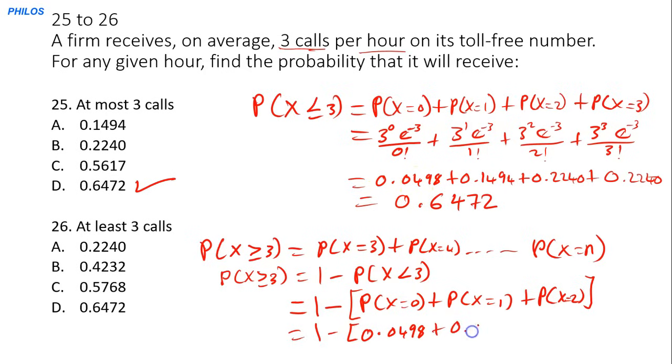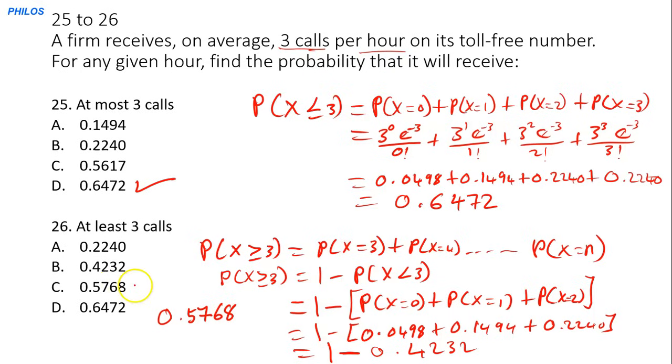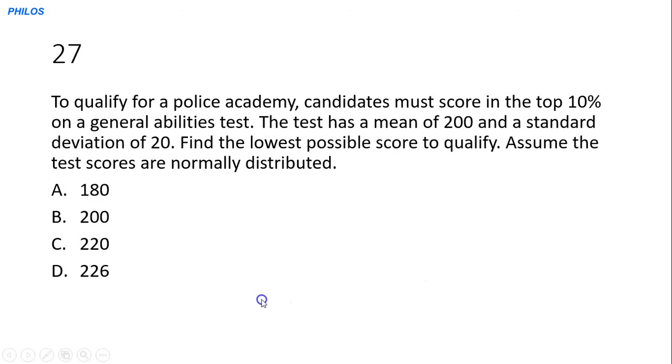Exactly 1 is 0.1494 plus exactly 2 is 0.2240. So this will be 1 minus, when you add all the values in the bracket, you get 0.4232. So 1 minus 0.4232 should give you 0.5768. So the correct answer for question 26 is C. So let's go to the next question.